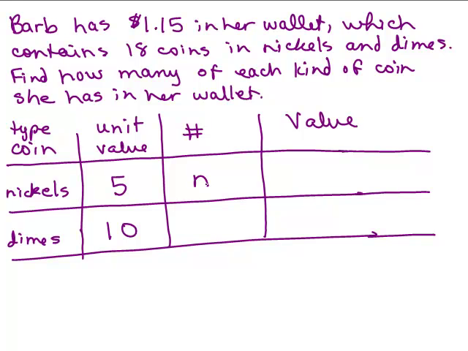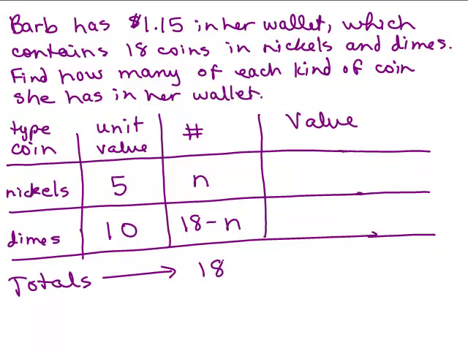Now I know that the total number is 18, so this becomes a problem of two numbers that add up to 18. I went over this on some other videos, but if you have two numbers that add up to 18, if one number is n, the other number has to be 18 minus n. Convince yourself, so I'm looking at the totals here.